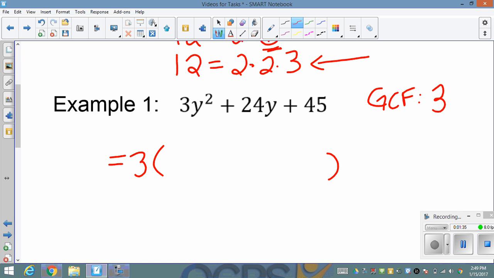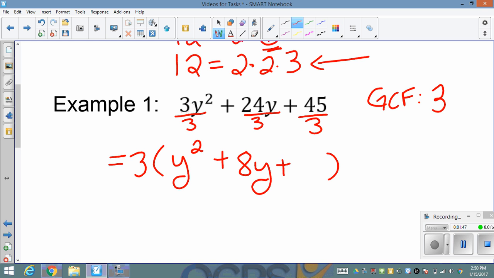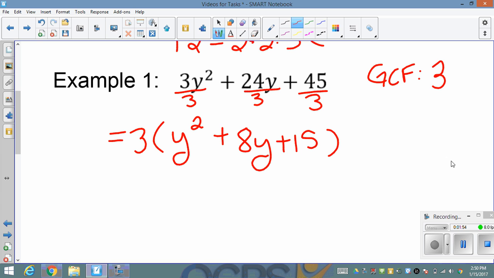So before I do anything else, I'm going to factor out that 3. So it's going to be 3 times something, and to get the something, I'm just going to divide each term by 3. So I'm going to get y squared plus 8y plus 15. Now I can go to factor my trinomial. When I factor my trinomial here, I'm going to do the work off to the side.